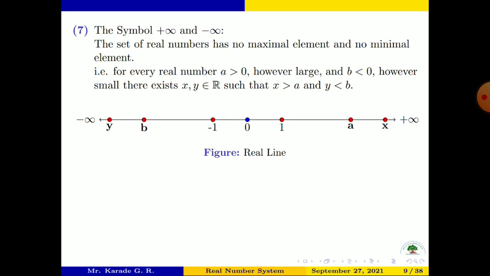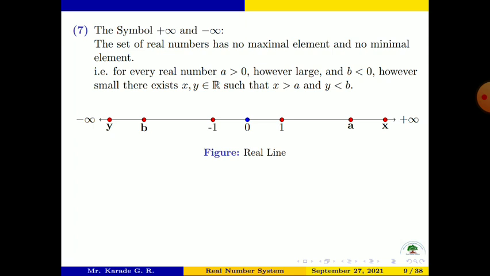Now we know that the set of real numbers and the real line are associated with each other. It means all real numbers we can put on a line. That line is called the real line.